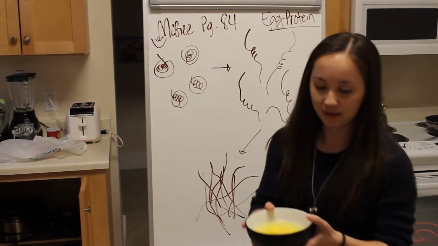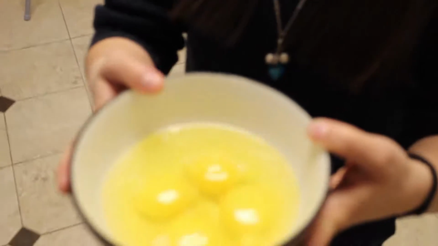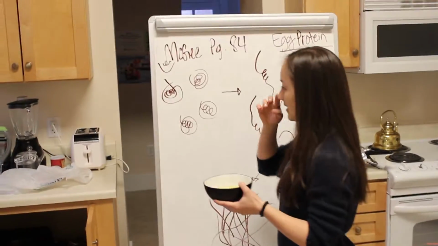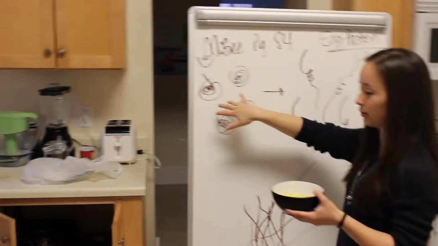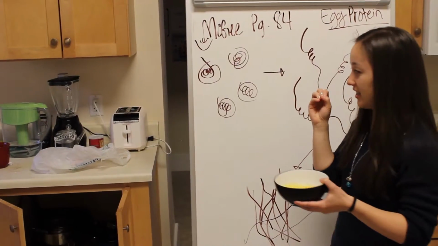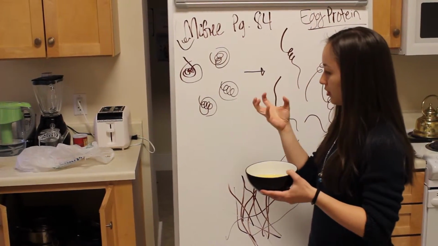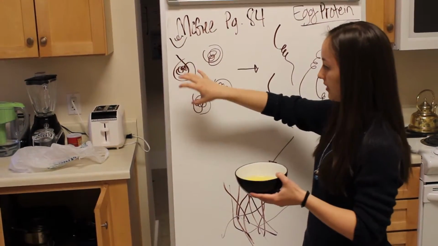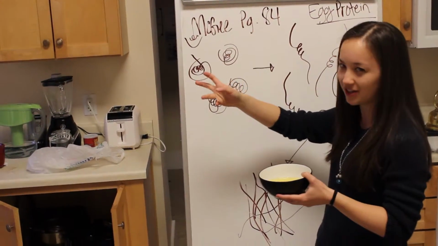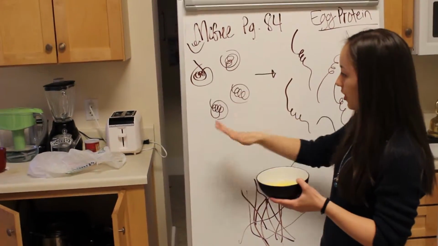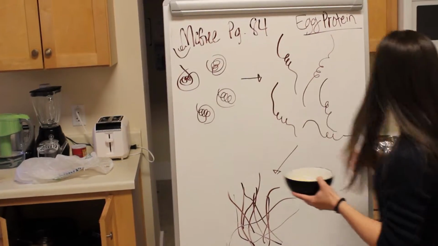So right now we just have raw egg and it's mainly water and proteins, but if you see from this diagram, the proteins are compacted into little structures and they're bonded to each other, but they each have a negative charge on it, so they repel each other, so the water can freely flow through it.